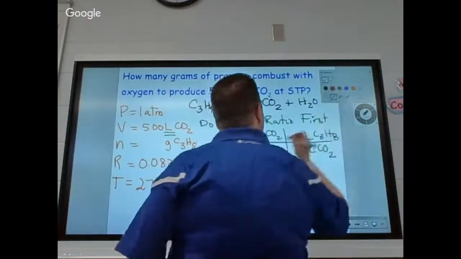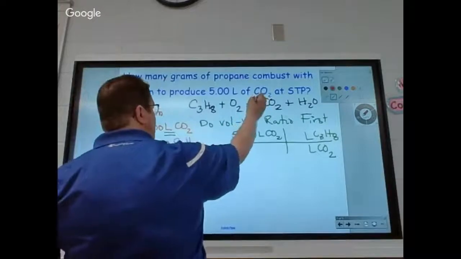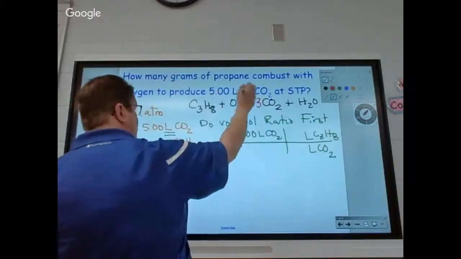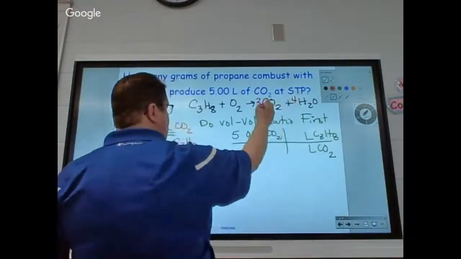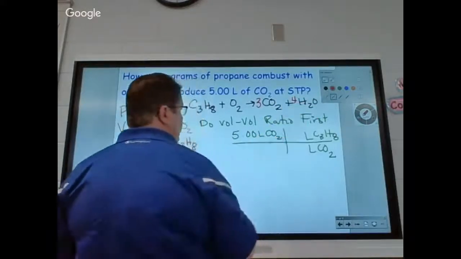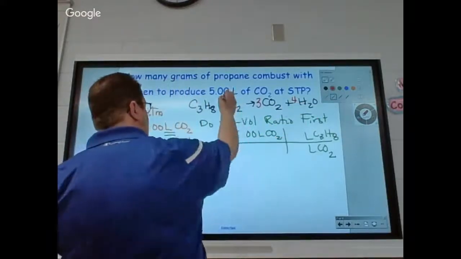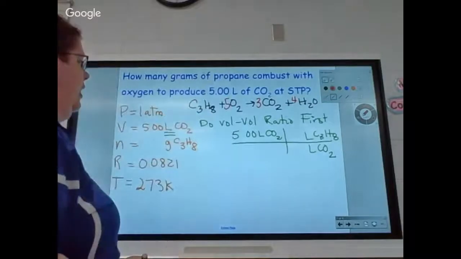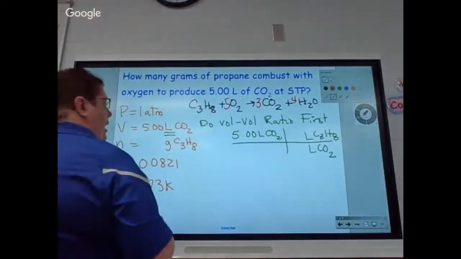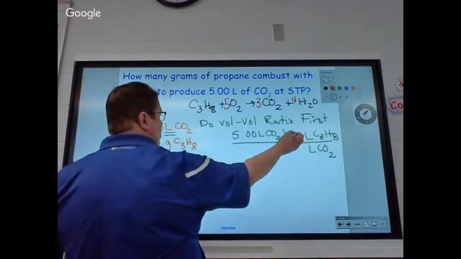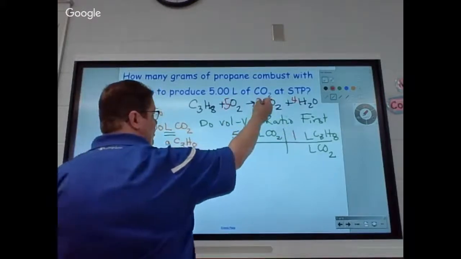So 3 C's, so I put 3 CO2, that makes 6 O's and 4 H's makes 4 O's, which is 10 O's, so 5 O2 there. All right, so now I can do my ratio. How many propanes and how many CO2s?